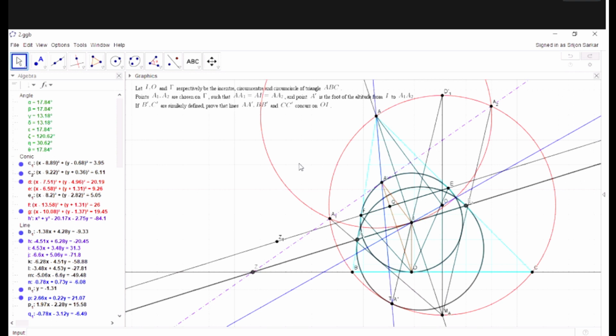Combining these two things, and also using the fact that the radius and tangent make 90 degrees, we get these 2 points to be the same points. The dashed points are equal to the normal points, and also A dash lies on DF. And I will give the complete solution if someone is not able to understand. But I guess you people are actively telling, yes, you're able to get it. Nice.